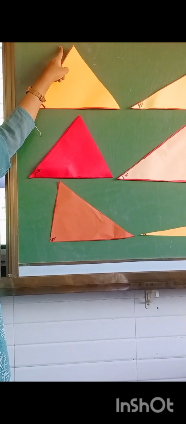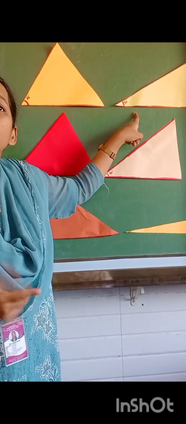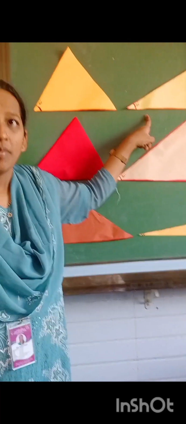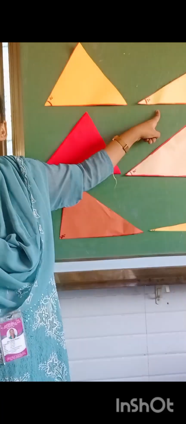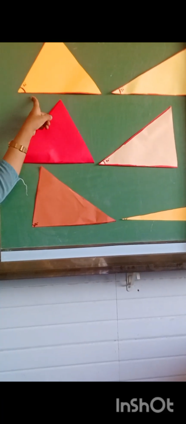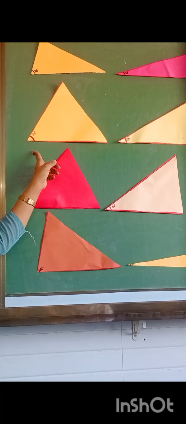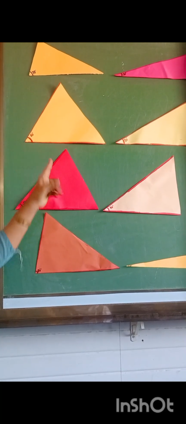Are you understanding? Here 60 degree is the complementary angle of 30 degree, because 60 plus 30 is 90. So 30 is helping 60 to become 90. Or I can say 30 is the complementary of 60.